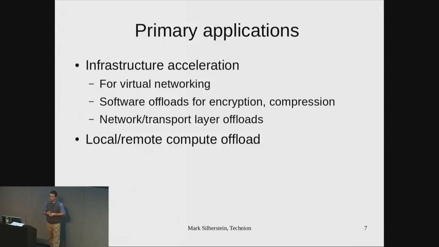And what people usually do with it is pretty infrastructural stuff. That's what really hurts in terms of performance. In data centers, you want to offload infrastructural stuff for virtual networking or encryption, compression, etc. So these are our usual suspects. And I believe that Catapult is being actively used for this specifically.